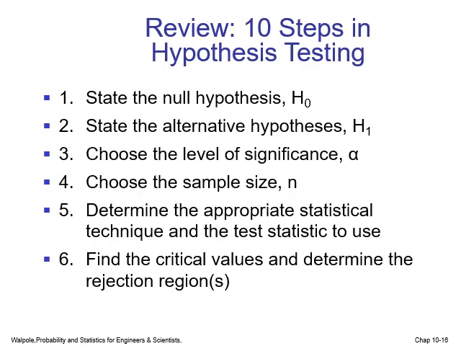Here we would like to review the steps when we are testing a hypothesis. First, always state the null hypothesis, H0. State the alternative hypothesis and then choose the level of significance. Choose the sample size and determine the appropriate statistical technique and the statistic to use. Also, don't forget to find the critical values and determine the rejection regions.